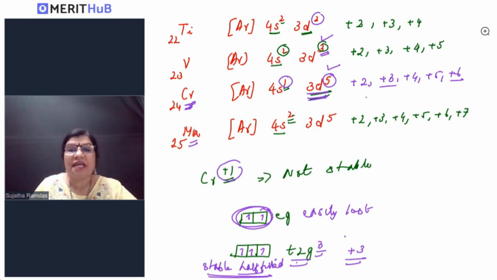As a result of which, these 5 electrons of 3d in manganese are not as mobile or as delocalized as the 5 electrons in 3d of chromium. Lesser the delocalization, weaker the metallic bond strength, right? And therefore lower the melting point. Hence, chromium will have a higher melting point than manganese.